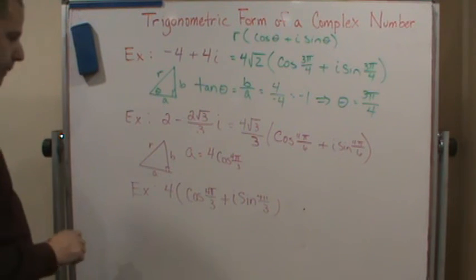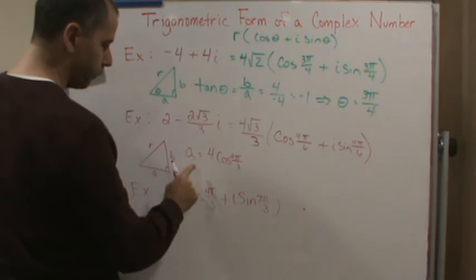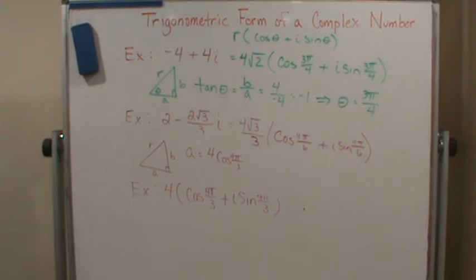Okay, so that means a over 4 is equal to cosine 4 pi over 3.